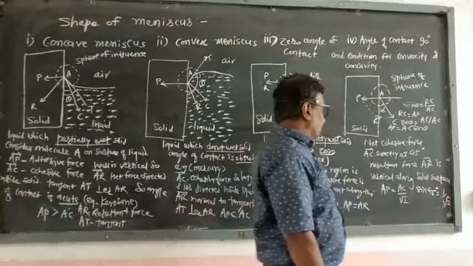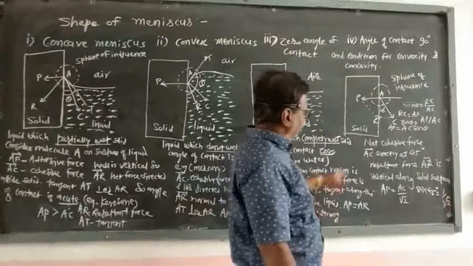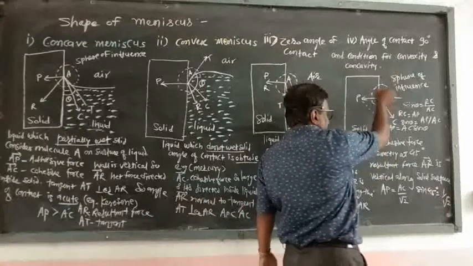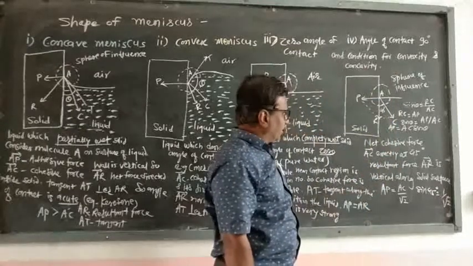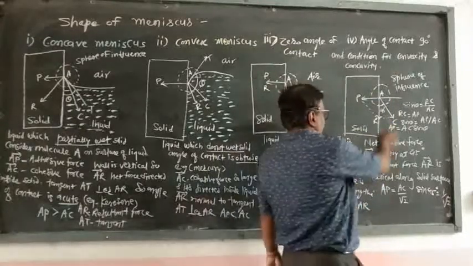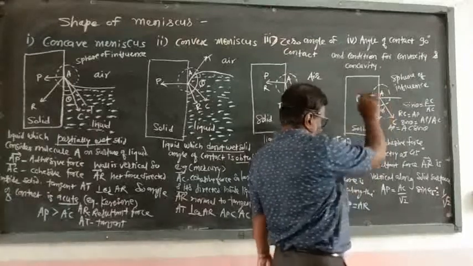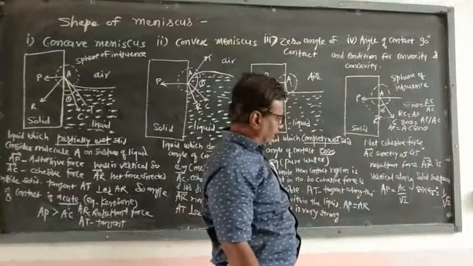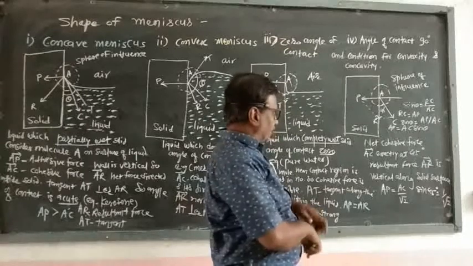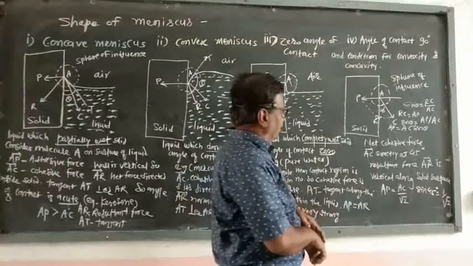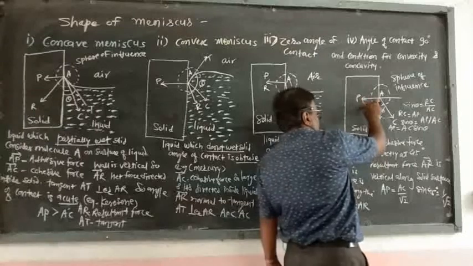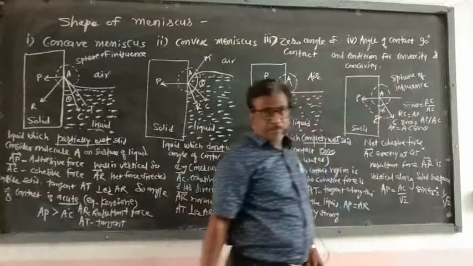Here the net cohesive force AC is exactly at 45 degrees. So the resultant force AR is vertical, along the solid surface. So we have to calculate the value of AP. To calculate the value of AP, we have to consider here.